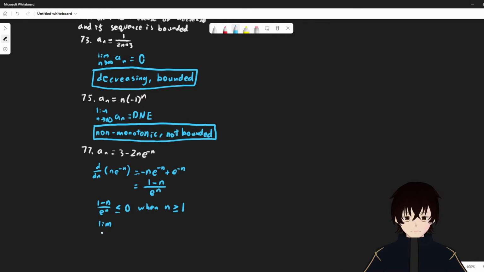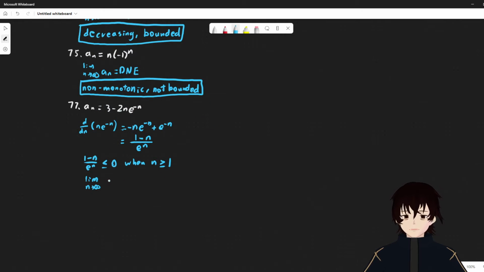How about limits? The limit as n approaches infinity of 3 minus 2 n times e to the power of negative n is equal to, how do I solve this?